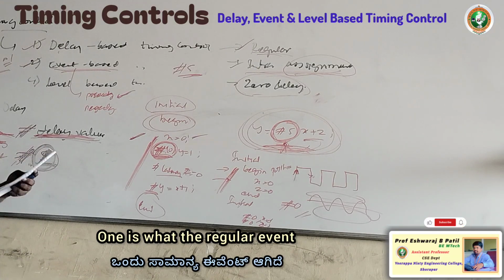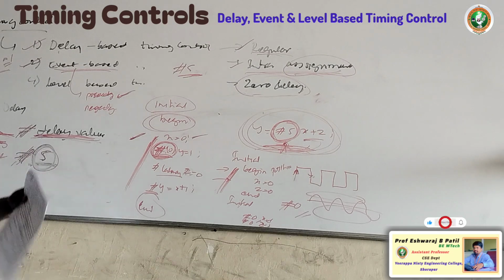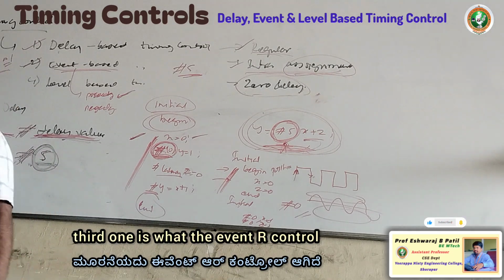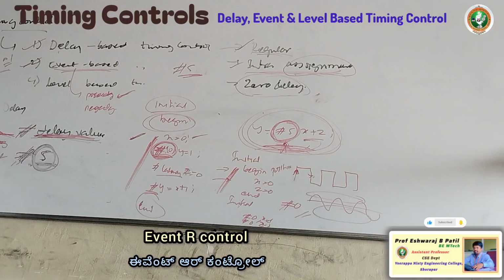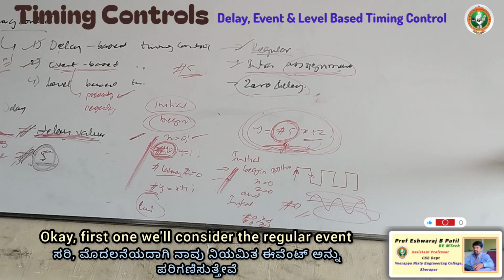One is the regular event, another one is the named event, and the third one is the event or control. First we will consider the regular event.